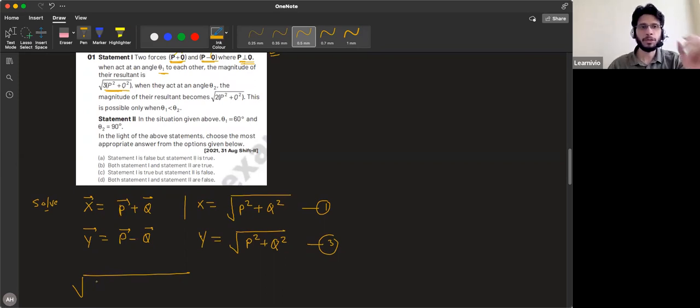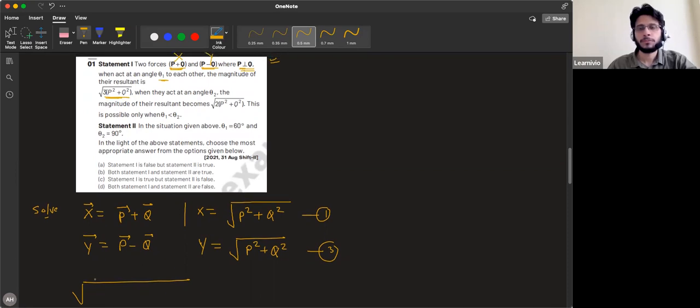Tell me the formula. You have two vectors, one X, another Y. Angle between them is θ1. What will be the formula for magnitude? It'll be the magnitude of root over X square plus Y square plus 2XY cos θ1. And how much is it? This is root over 3 times P square plus Q square.